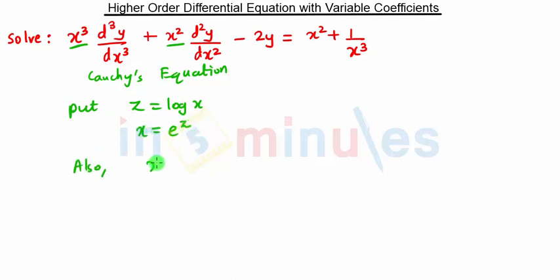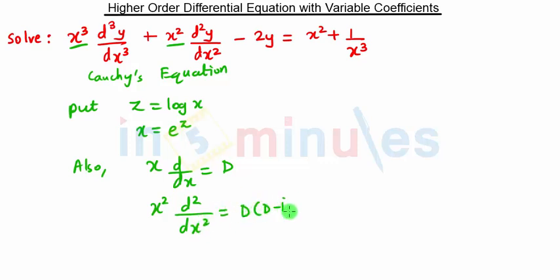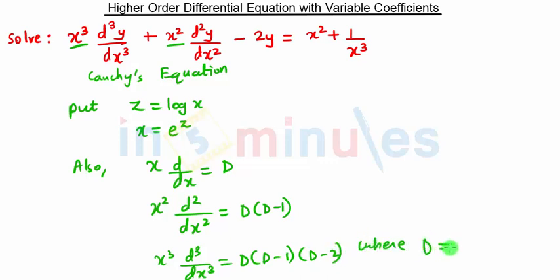We also substitute x d/dx = D. Then we substitute x^2 d^2/dx^2 = D(D-1), and x^3 d^3/dx^3 = D(D-1)(D-2), where D is nothing but d/dz. So this is the basic substitution for Cauchy's equation.